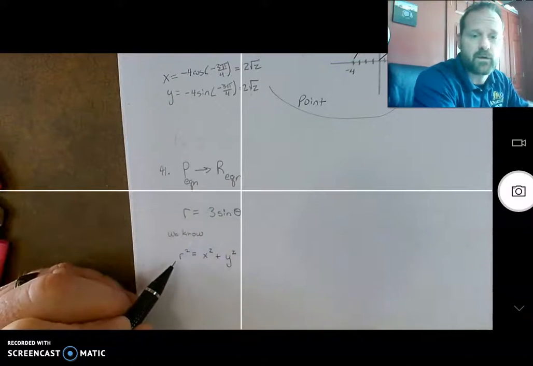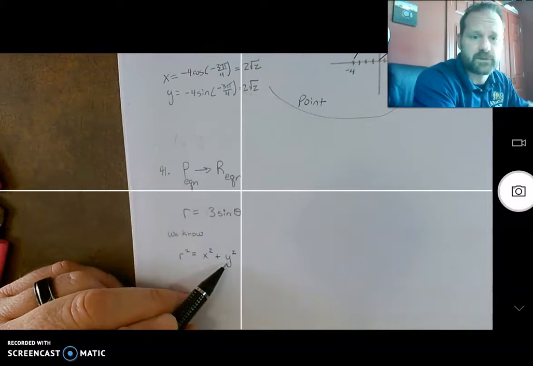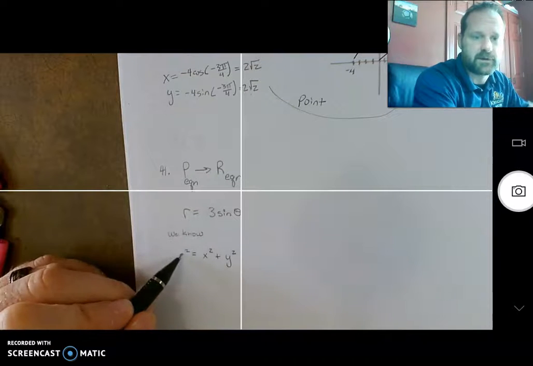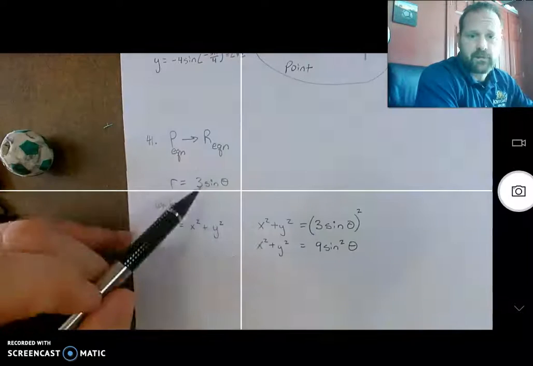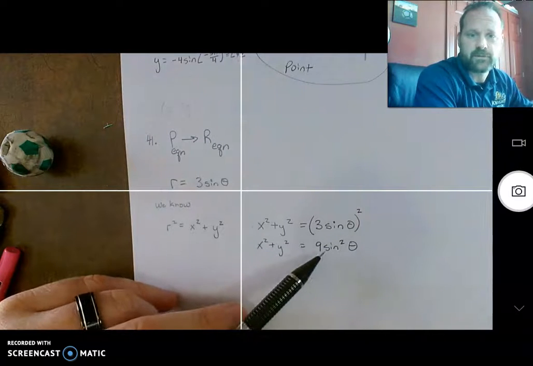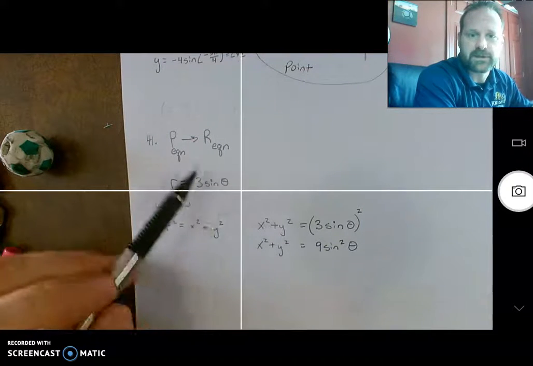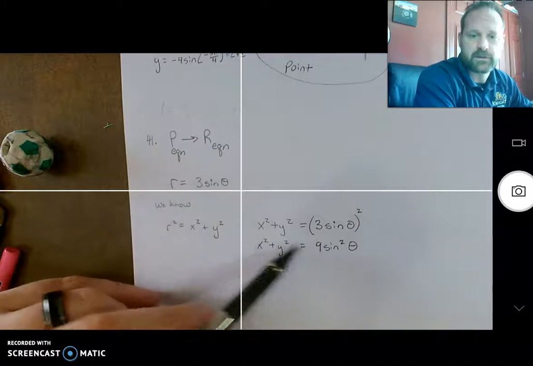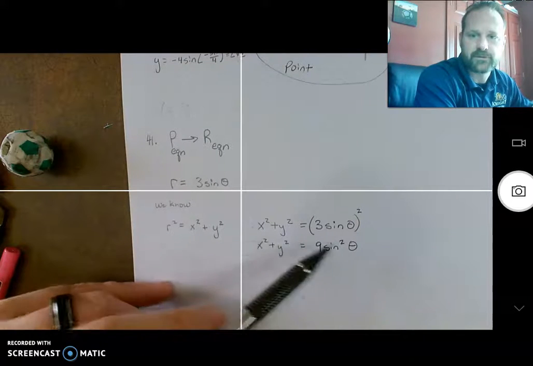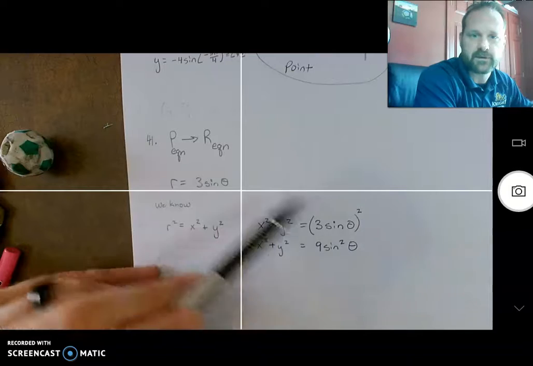So we know r squared equals x squared plus y squared. I'm just going to substitute r into there. I wrote it this way because I set it equal to 0, because I want to get into rectangular mode. So far so good. Now we've got to get it all in terms of x and y, and we've got this theta going on here.